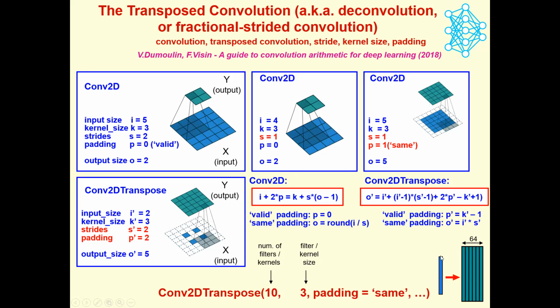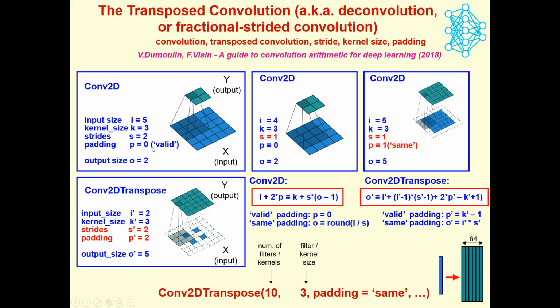So if we have an initial input, some image, then the output will be a stack of deconvolved images, not just one. Actually, in this case, it will be 10, sorry, there should be 10 here as well. And the second positional argument is the size of the filter used to perform transposed convolution. And there are other parameters.